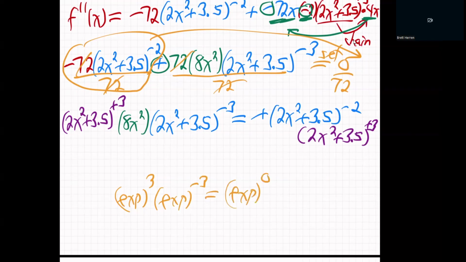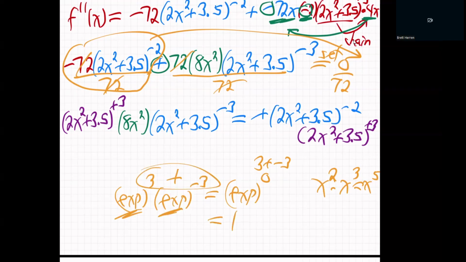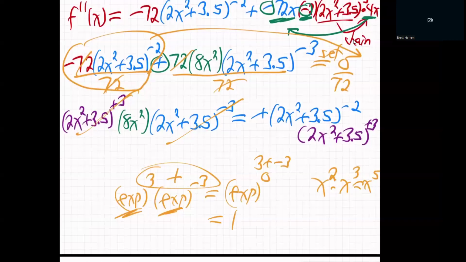It's the expression to the 0 because it's 3 plus negative 3, which is 0. Powers add. You know that, right? Like x squared times x to the third is x to the fifth, right? So the same thing is true if you have big old expressions. Those powers add, so it's 0. And what's anything to the 0 power? 1. So this and this just become 1.